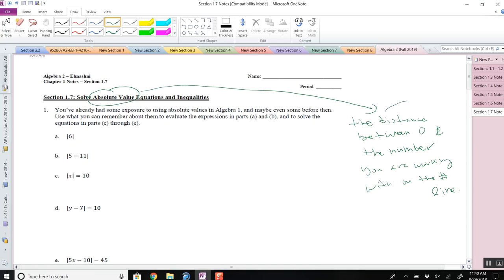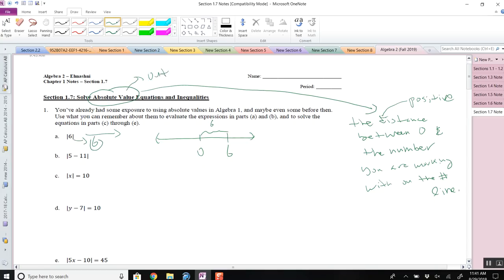And more specifically, it's going to be the positive distance. So for example, perhaps if I have 6, here's 0, here's 6. What's the distance between the two numbers? The 6. Or you can think of it as a difference also, but it's a positive difference. So that's just 6.